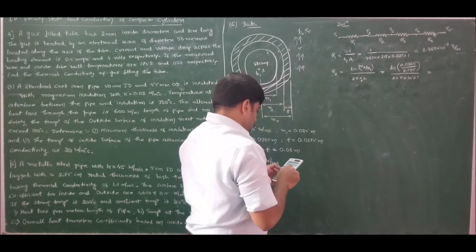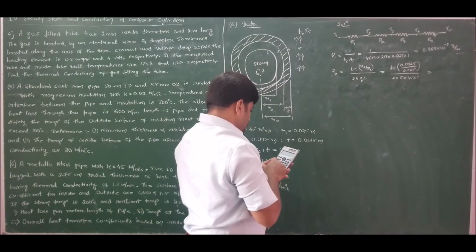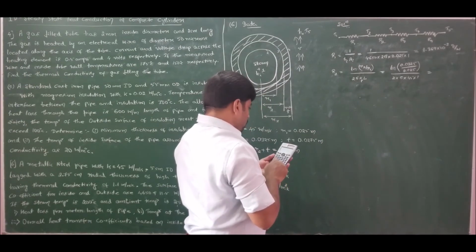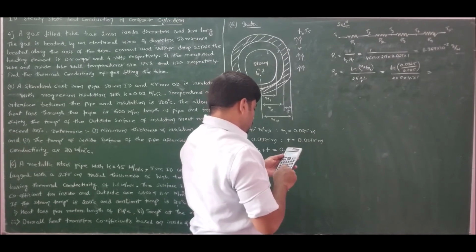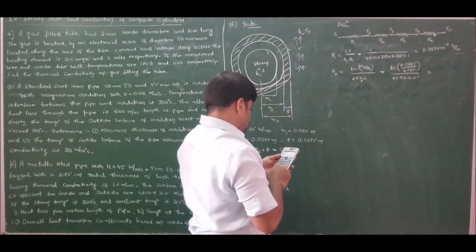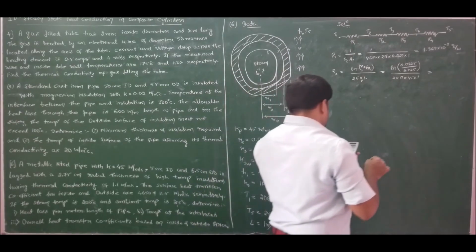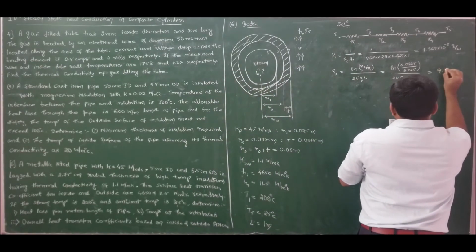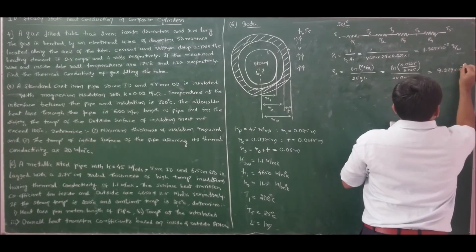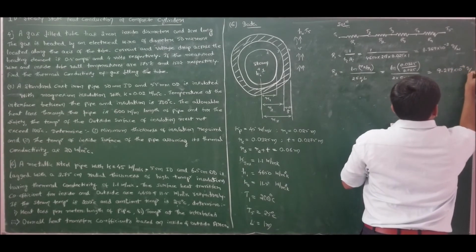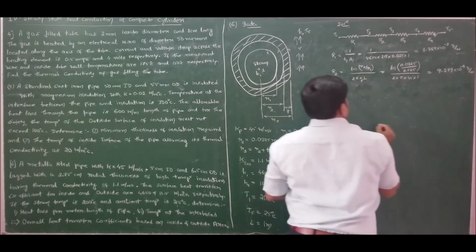So if I solve, I will get the answer as ln of 0.0325 divided by 0.025 divided by 2 into pi into 45 into 1, which is 9.279 into 10 to the power of minus 4 degrees Celsius per watt.